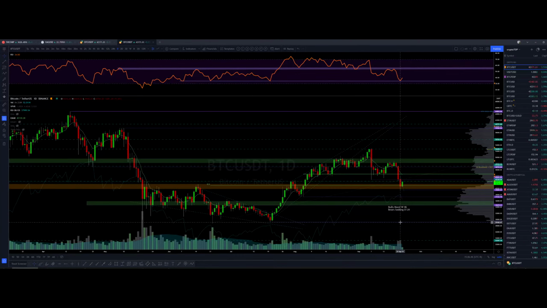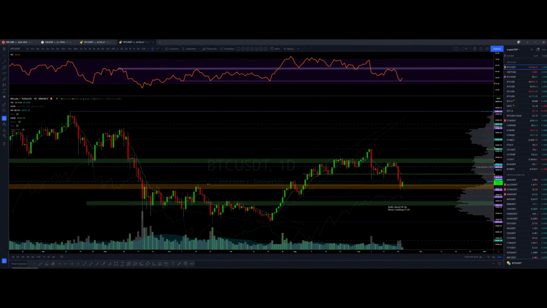So basically, in summary, we're downtrending on the daily. Bulls need to make this their weekly high low. The bulls need to uptrend on the daily to even start convincing for their strength.